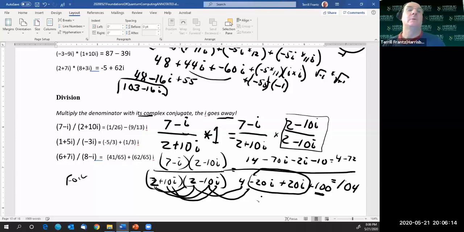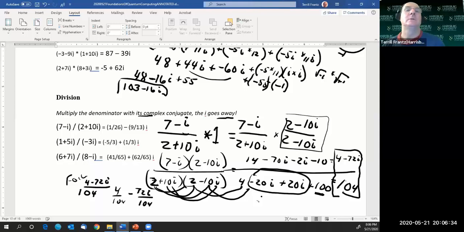And so 4 minus 72i over 104. 4 over 104 minus 72i over 104. Yeah, I'm not going to take our time to figure that one out. Oh, hell yes, I will. So 4 over 104 becomes 1 over 26, and 72, so divide this by 8, you got 9 over 13i.